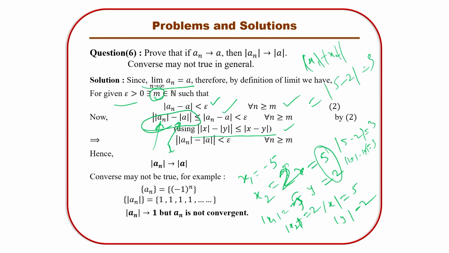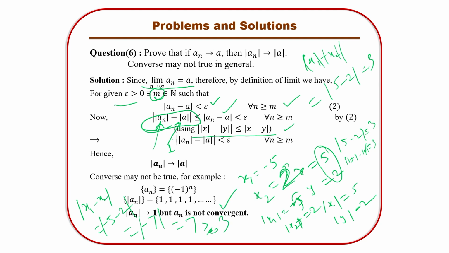But what will be the value of modulus of x1 minus x2? With x1 equal to minus 5 and x2 equal to 2, this is modulus of minus 7, which is equal to 7, which is always greater than 3.